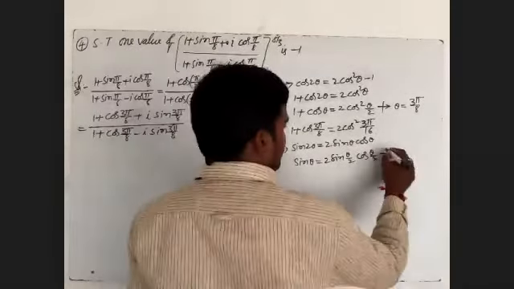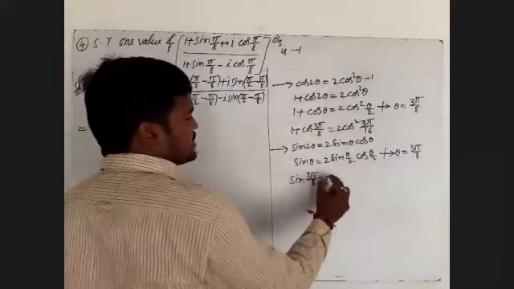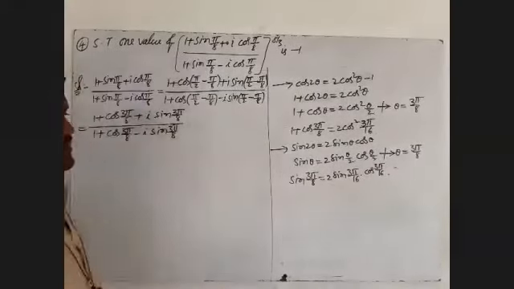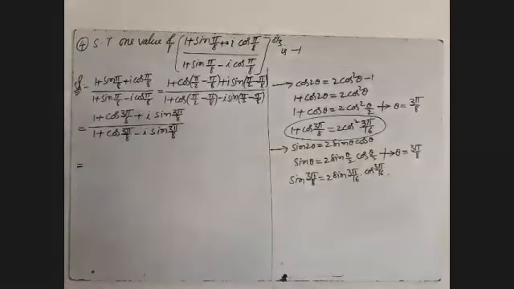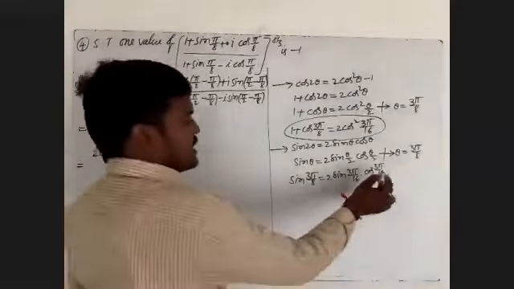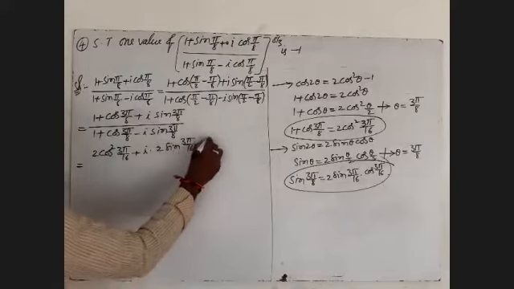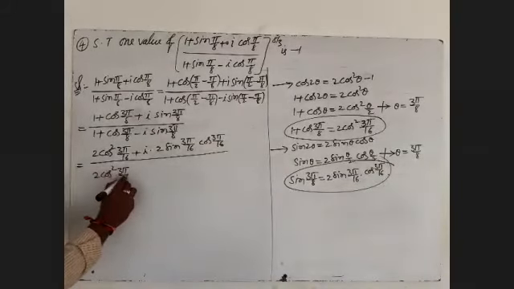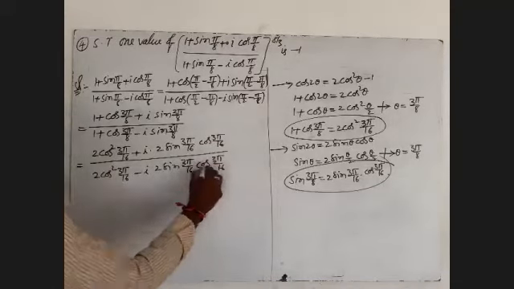Here also θ is nothing but 3π/8, so sin 3π/8 = 2 sin 3π/16 cos 3π/16. Applying this, 1 + cos 3π/8 is 2 cos² 3π/16, plus i times sin 3π/8, which is 2 sin 3π/16 cos 3π/16. In the denominator also we write 2 cos² 3π/16 minus i times 2 sin 3π/16 cos 3π/16.